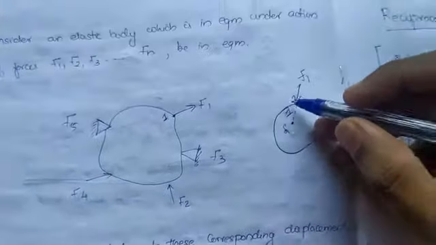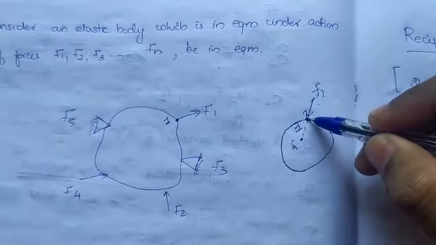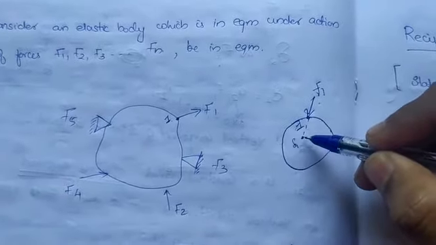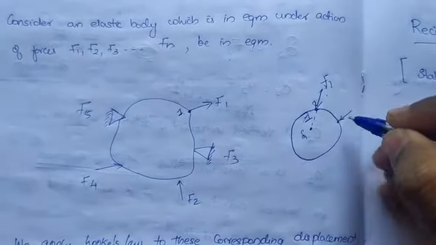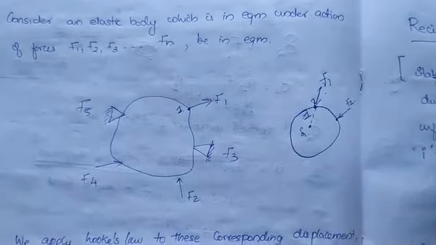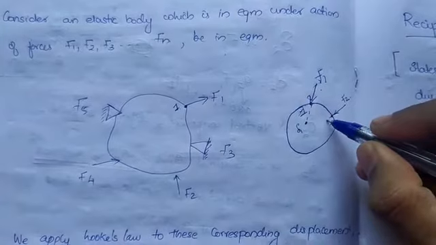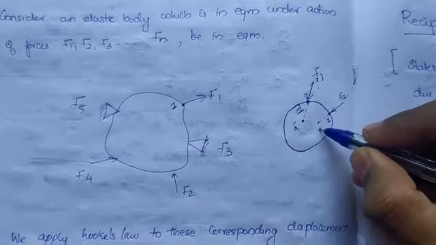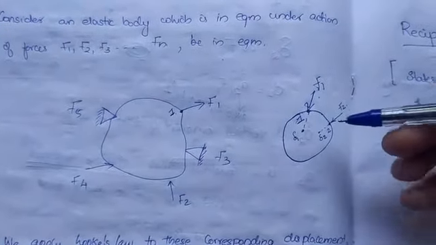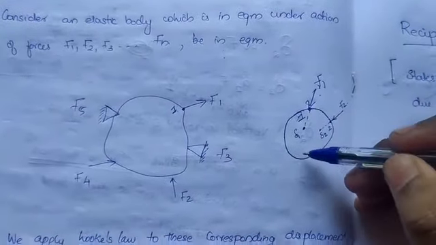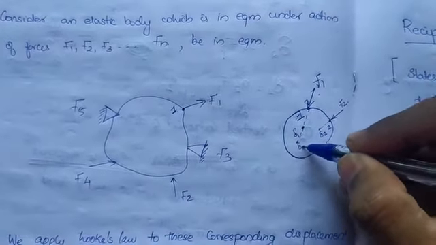That means you are applying a force F1 at point 1, and it causes a displacement delta 1. Again, if you apply a force F2 at another point, say 2, it causes another displacement delta 2. And at the same time, due to this F2, there will be a small displacement caused at point 1, which may be delta 1 dash.